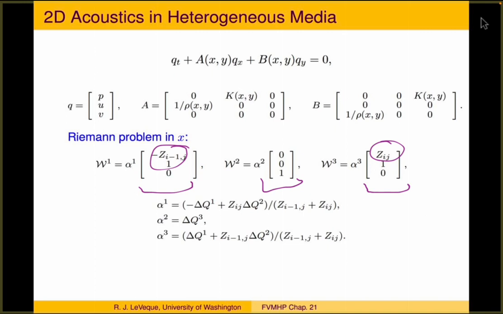But we can solve the Riemann problem for arbitrary jumps in p, u, and v with this set of eigenvectors. We form a matrix that has three columns given by these three eigenvectors, and then we can solve for what the alpha 1, alpha 2, and alpha 3 are that come out of that.